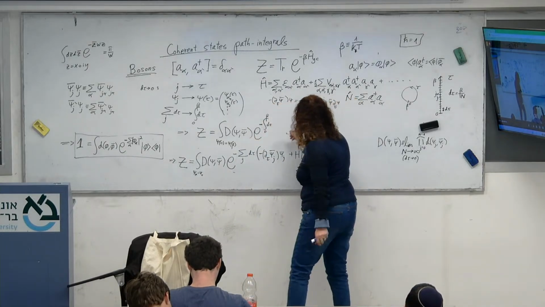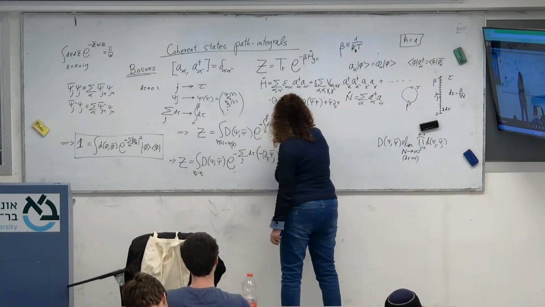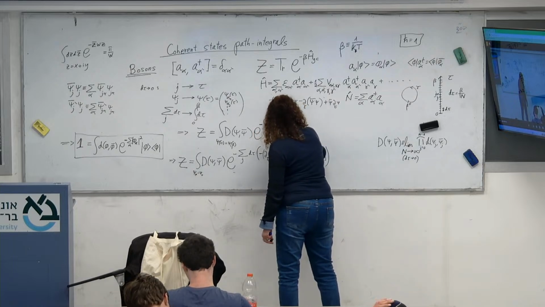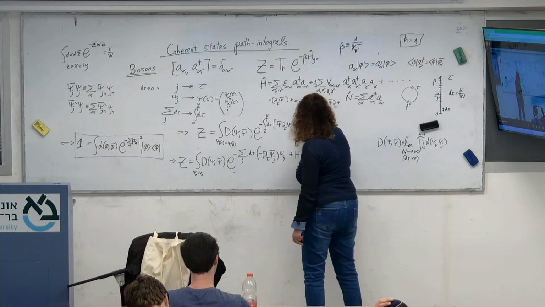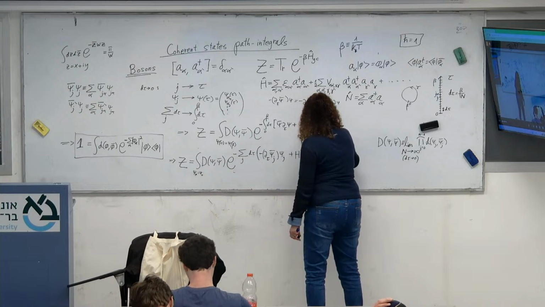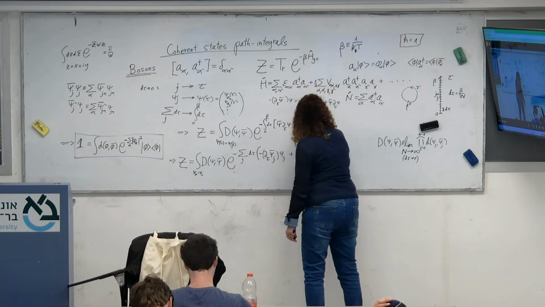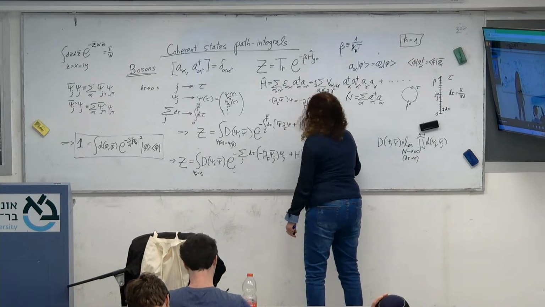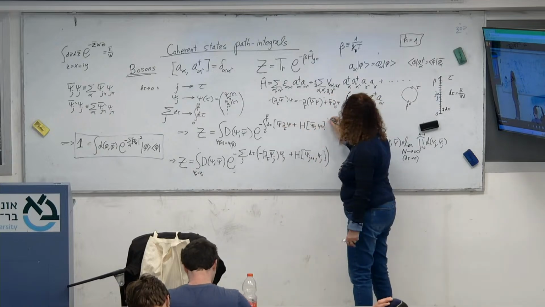So altogether, inside this integral, I have psi bar d tau psi plus h of psi bar psi, and when I say psi, I mean psi of tau. Everything here is tau dependent.